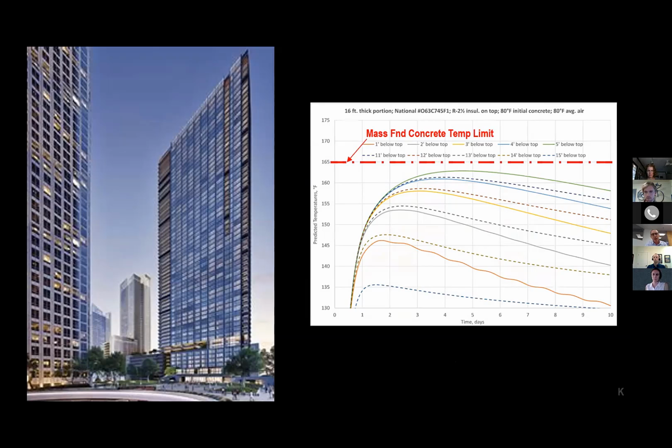And I'm using this to highlight other places that we can get both carbon and cost reductions if we're willing to work with our suppliers. So on this, the first proposal was for the project to match what happened at the Wilshire Grand Tower, which frankly is right next door across the street, where they installed chiller pipes down in the foundation to cool the mat foundation to keep the temperature down.